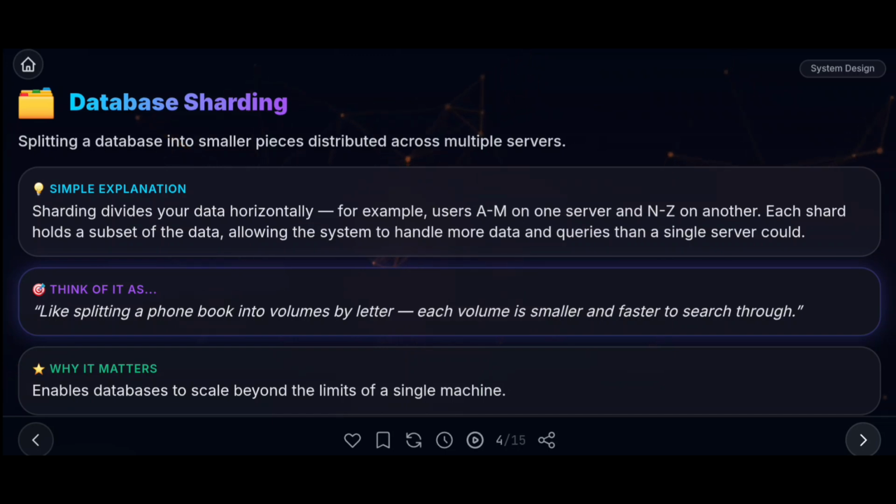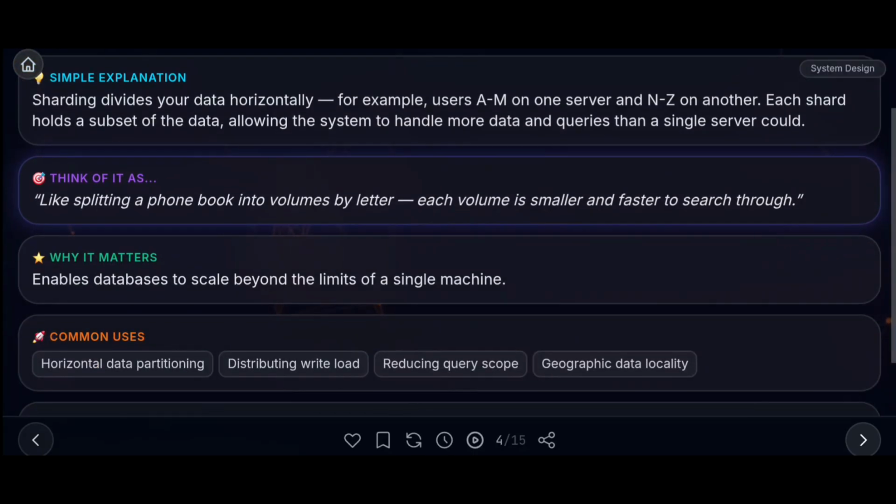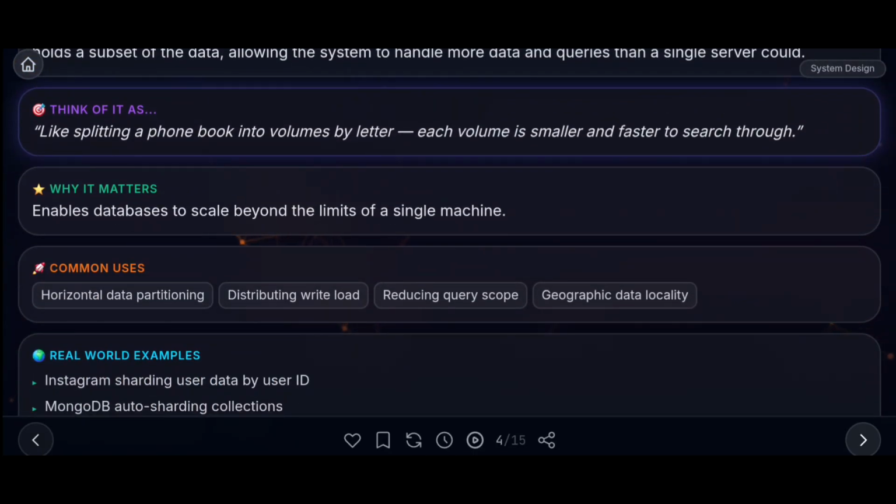Think of it as splitting a phone book into volumes by letter. Each volume is smaller and faster to search through. Why it matters? Enables databases to scale beyond the limits of a single machine.